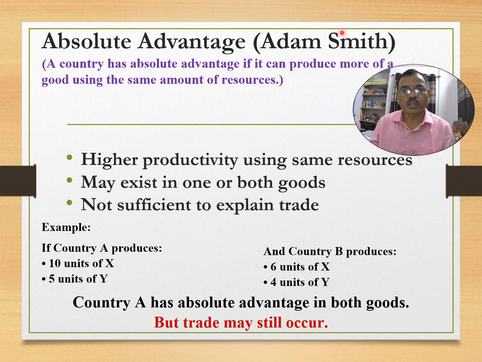Now, suppose country A also produces more food than country B. In that case, country A has absolute advantage in both goods as compared to country B. Does this mean country B cannot benefit from trade?